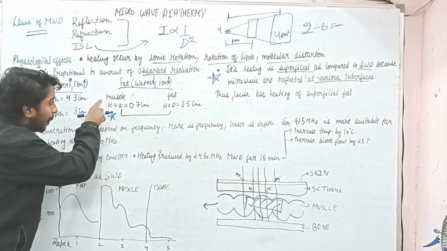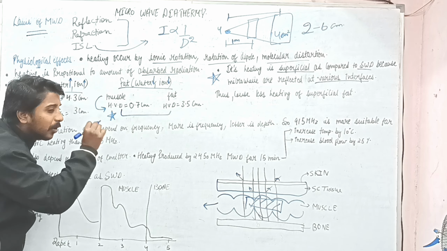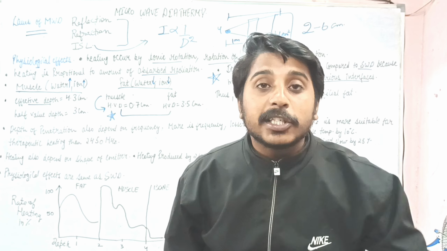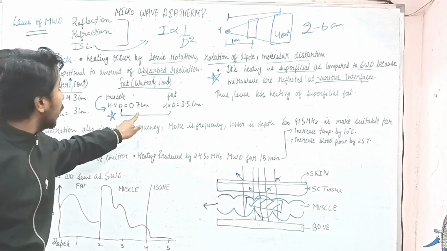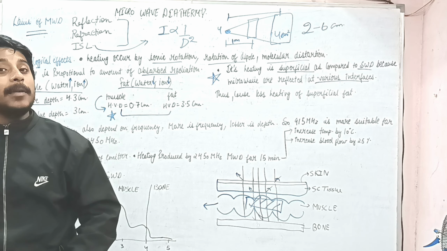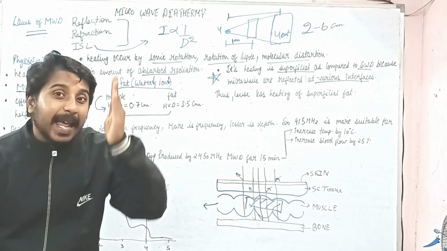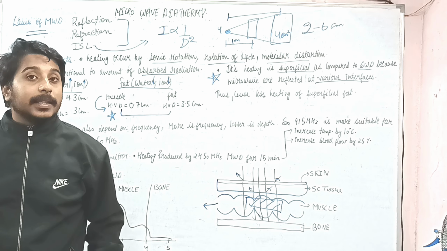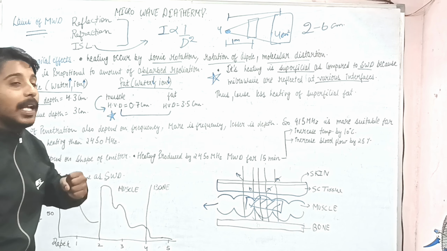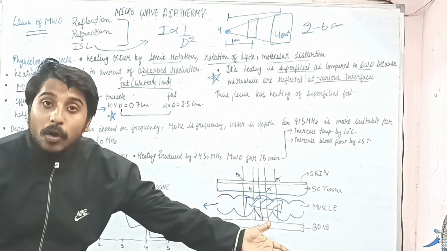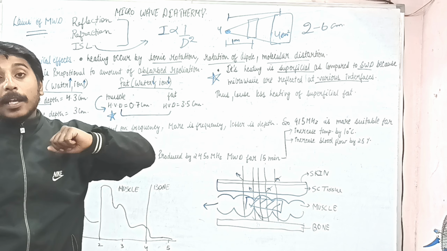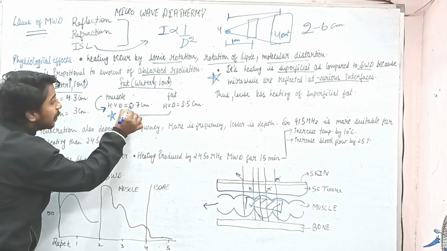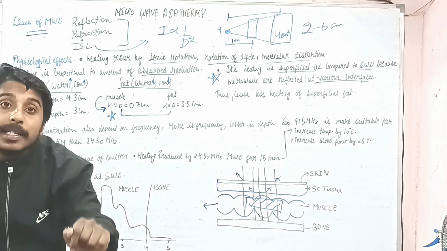In muscle, half value depth is 0.7 centimeter, which means whenever microwave radiation enters into muscle, after a depth of 0.7 centimeter, that is by covering less than 1 centimeter, it will lose 50% of its energy. That is, it will produce heating. Why? Because energy is lost, and that energy is giving the heat. So in muscle, half value depth is 0.7, which means heating is occurring.